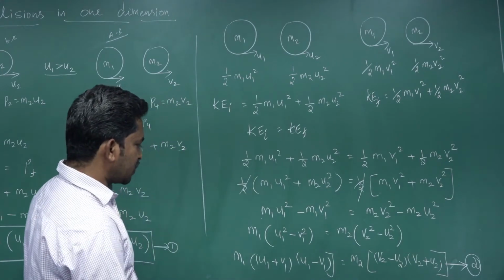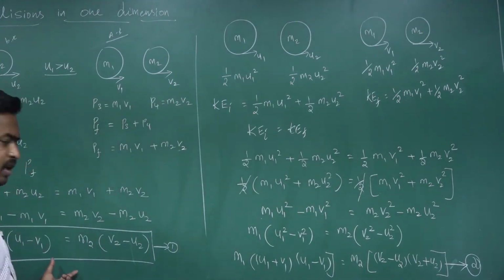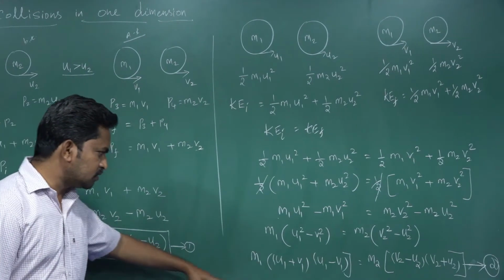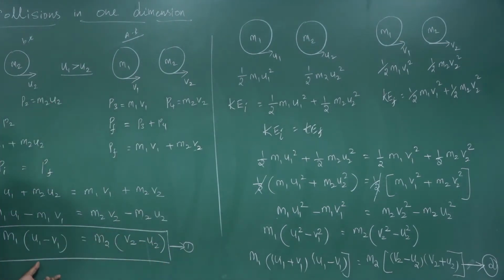Compare equation 2 and equation 1. Divide equation 2 by equation 1, and we get one final equation.